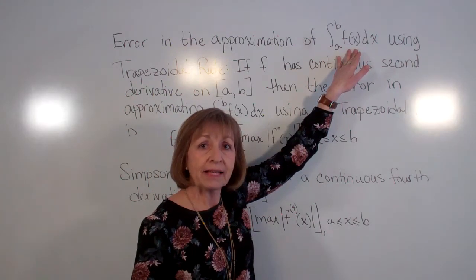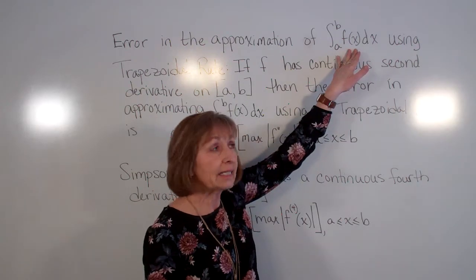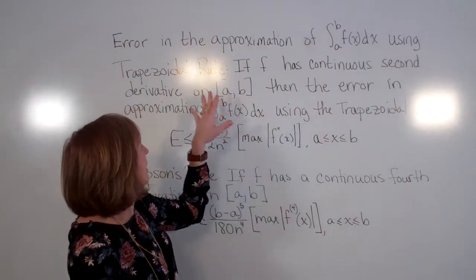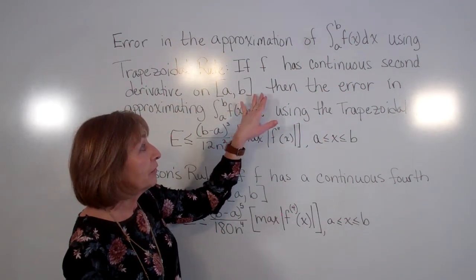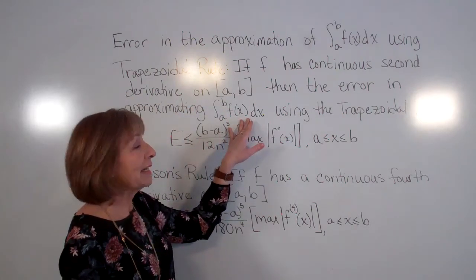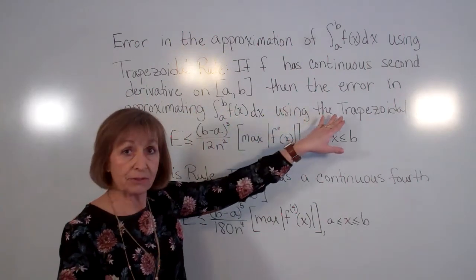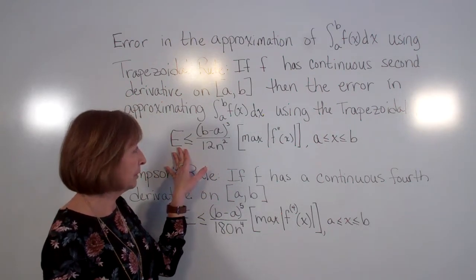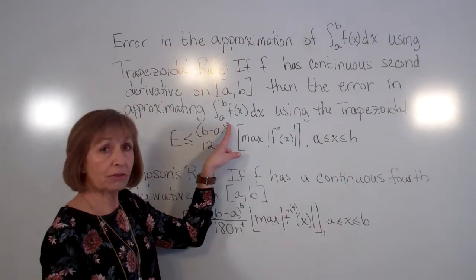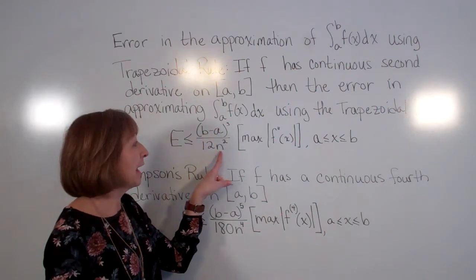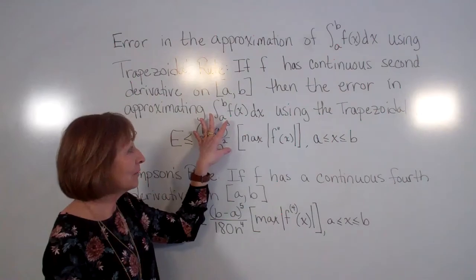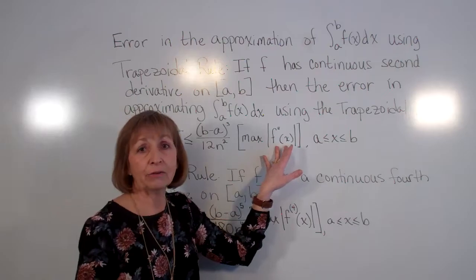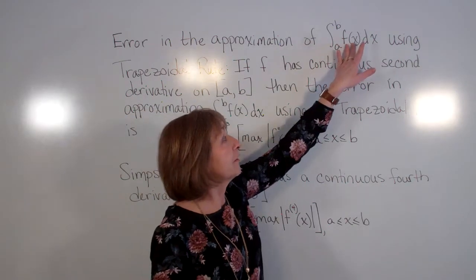If that domain shows that it's continuous over the interval from a to b of my integration, on that closed interval, then the error in approximating this definite integral using the trapezoidal rule is that my error is going to be less than or equal to (b minus a)^3 divided by 12n squared times the maximum that the absolute value of my second derivative of this function attains on that interval.